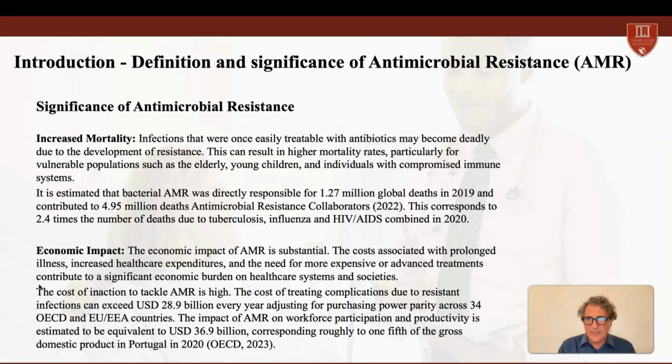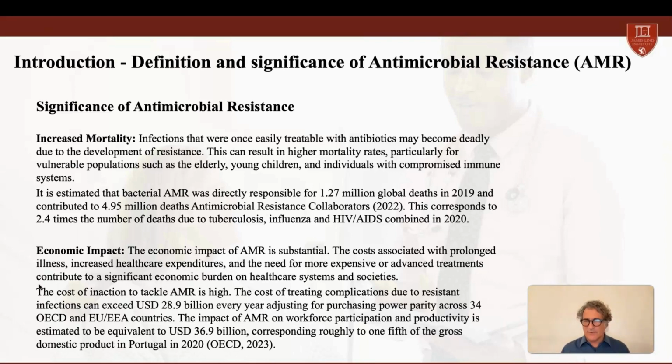This is the reference, the Antimicrobial Resistance Collaborators, an association specialized in this research. And just to give an idea, this corresponds to 2.4 times the number of deaths due to tuberculosis, influenza, and HIV/AIDS combined in 2020.